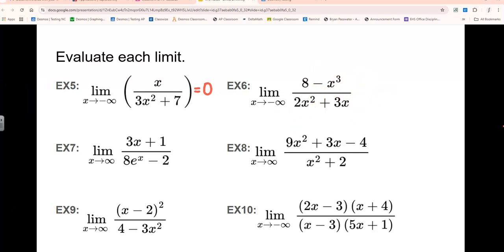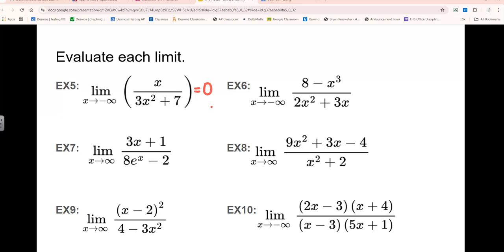For 6, what do you guys think for that one? Okay, negative infinity? I don't think this one's negative infinity. It's positive. This is where you may just want to think about what's going on.